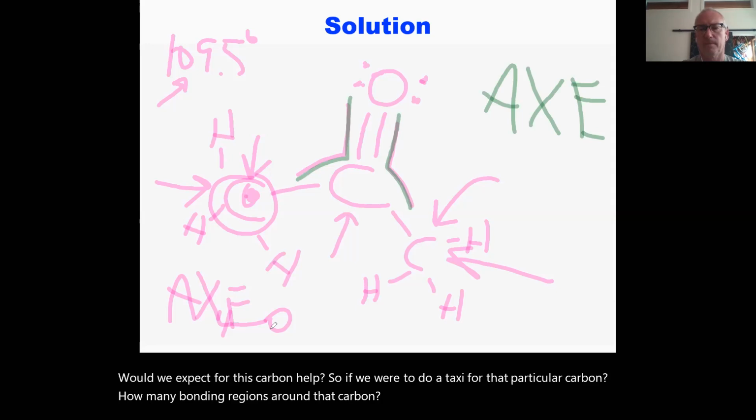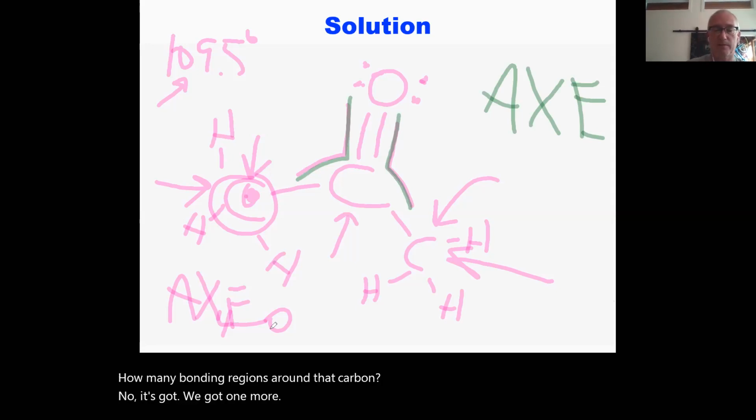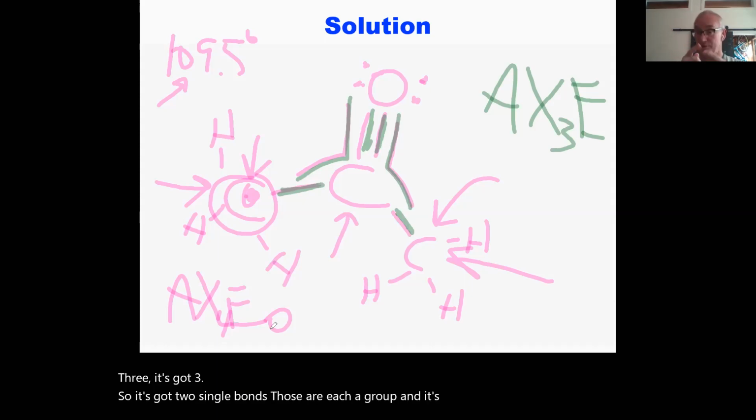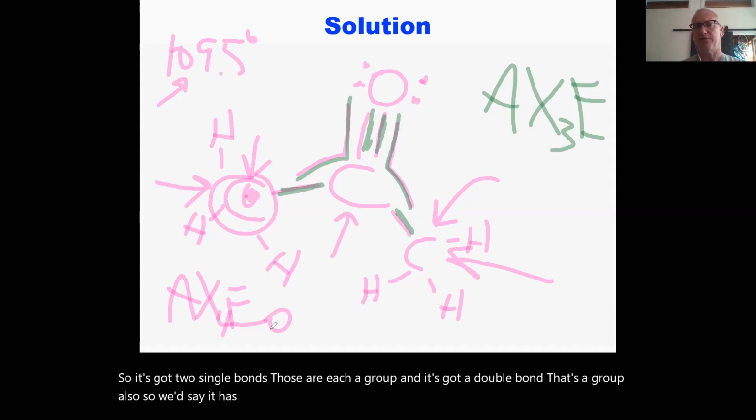Two. No, we've got one more. It's got this one. So there's 1, 2, 3. It's got two single bonds, and those are each a group. And it's got a double bond. That's a group also. So we'd say it has 3 bonding groups of electrons around it.